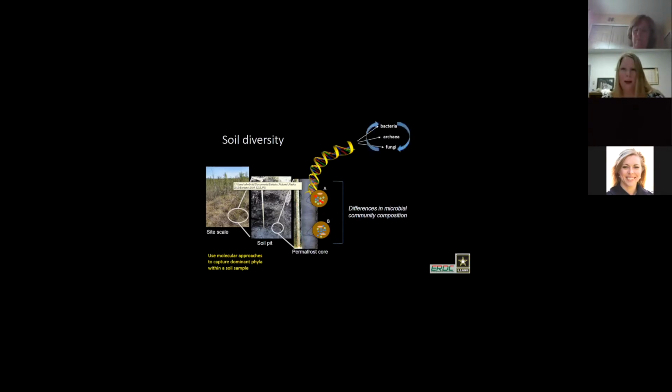So these microbes are not static, but rather are interacting with one another in mutualistic, symbiotic, antagonistic, competitive ways, adding an even greater level of complexity to this problem.